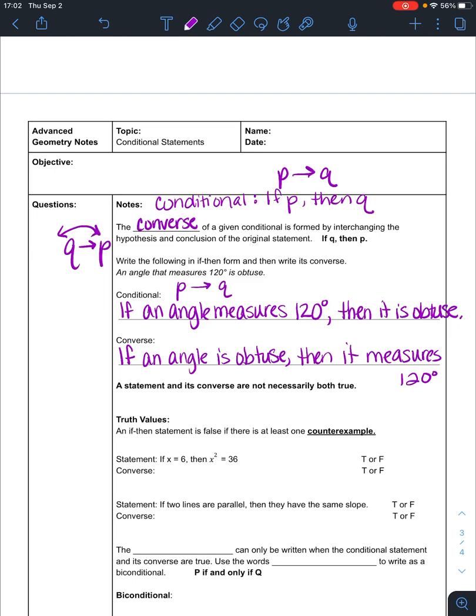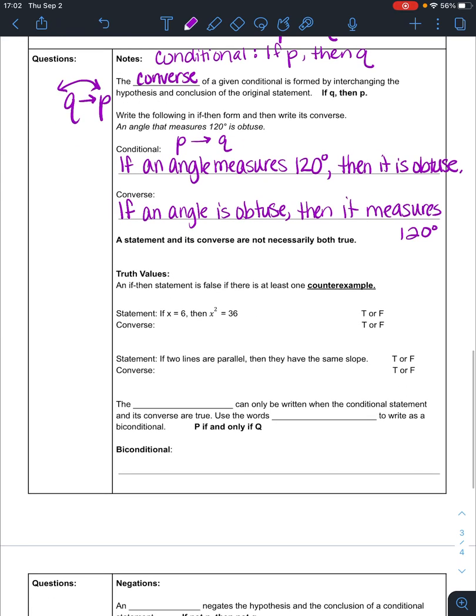You can literally pick them up and move them. If it is obtuse, then an angle measures 120 degrees. But when you start a sentence with "if it is obtuse," it doesn't make quite as much sense, and we want to be clear from the beginning. So it's better if you rearrange the words, but we're taking that thought of being obtuse and switching it with the thought of measuring 120 degrees.